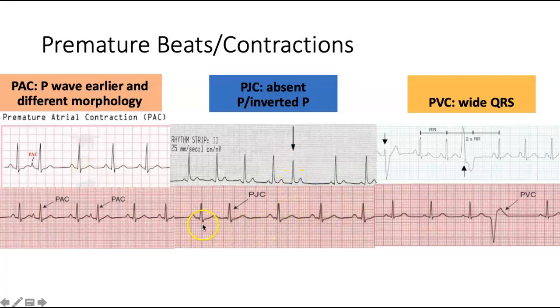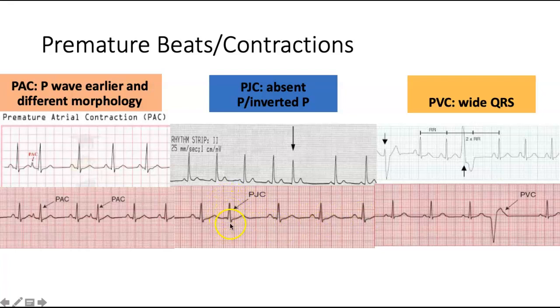Here's one more example down below. This is a P wave, QRS, and where we would expect to see a P wave, we don't really see one. We see a QRS complex, and then PQRS, and so forth. So this is another example of a premature junctional contraction.